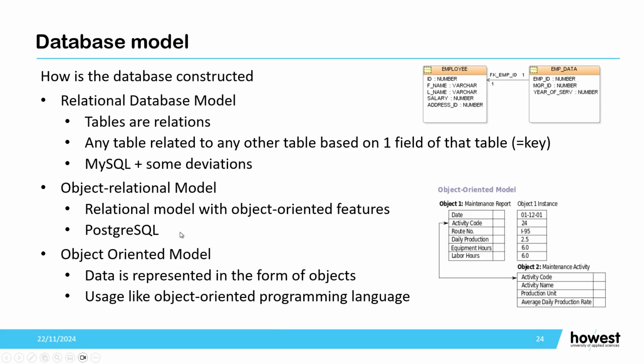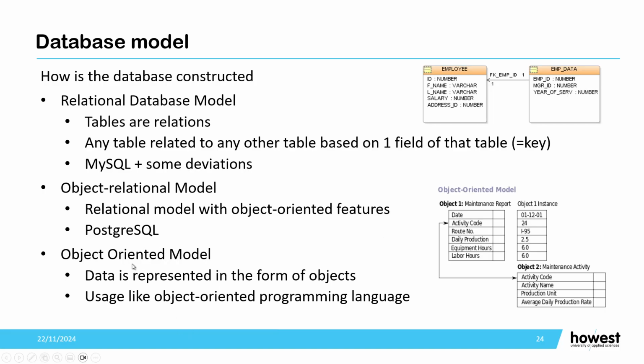And then you have the final object-oriented model, where you basically just have one big object with all the data. And then you have multiple instances of such an object. The instance is then the data, and the object itself is basically saying what it is: the name, a date, and so on.